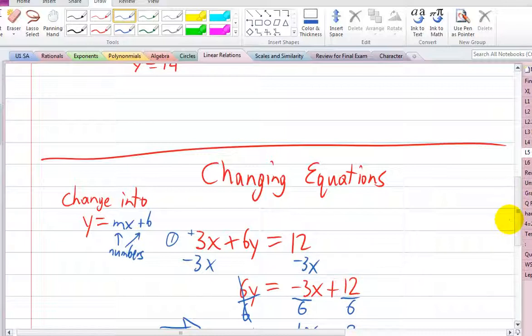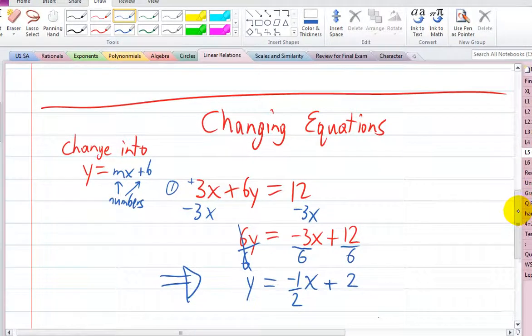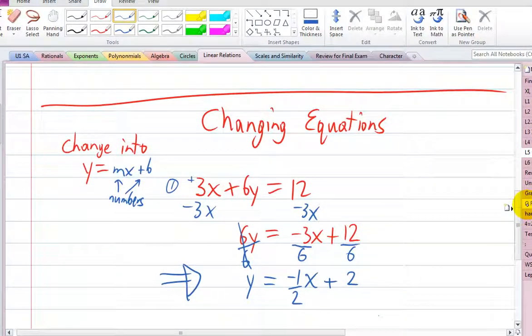So what we're going to get is 2 separate divisions on the right side, because we can write it that way. We're left with y equals negative 3 over 6 reduces, and 12 over 6 reduces. Got to really watch your negative signs when you do this stuff. So it's negative 1/2 times x plus 2.